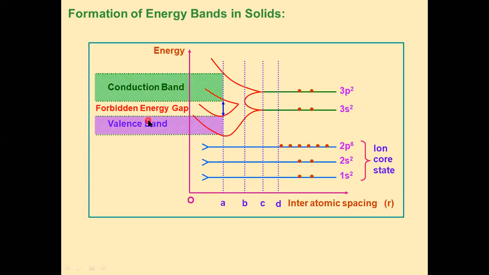The electrical property of any material depends upon the valence electrons, and the energy band diagram of these valence electrons is known as valence band. Then the energy band which corresponds to the free electrons is known as conduction band.